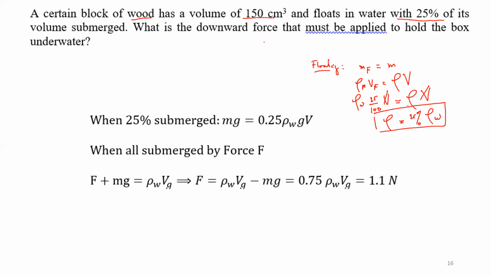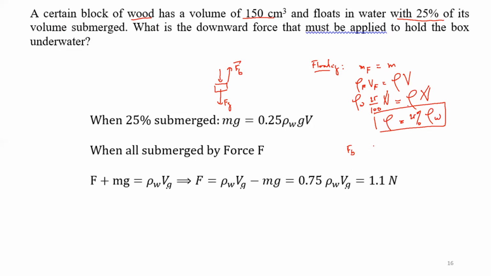Now, what is the downward force that must be applied in order to hold the block of wood underwater? Okay, so if I hold the block of wood underwater, I apply a force downward here. Of course, I will have the gravitational force, which is also downward, but also I will have the buoyant force, which is upward. Okay, so here I will have what?